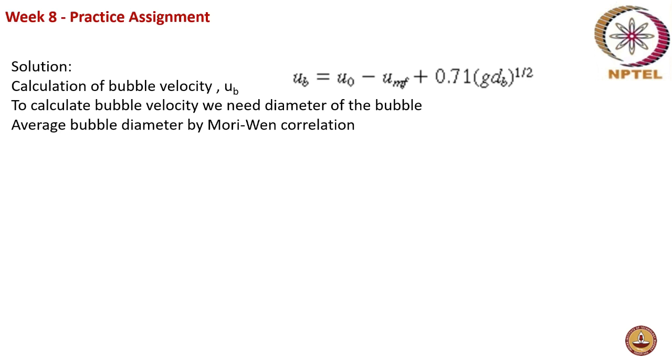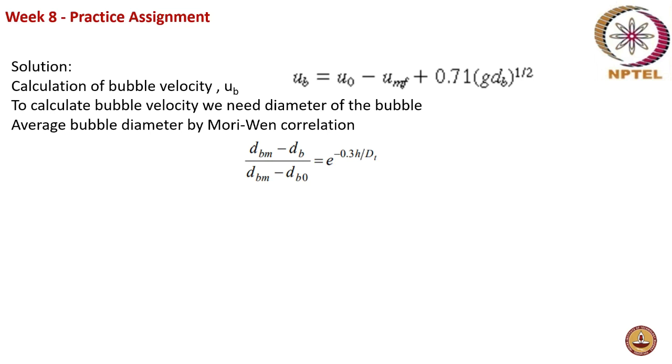So the bubble diameter can be obtained using the Mori-Wen correlation, which is given by dBm minus dB by dBm minus dB naught is equal to exponential of minus 0.3 into h by dt, where dBm is the maximum bubble diameter, dB naught is the minimum bubble diameter, and dB is the bubble diameter, an average, or at a particular height what is the bubble diameter, and h is that particular height for which you're finding out the bubble diameter, and dt is nothing but your diameter of the bed, right.